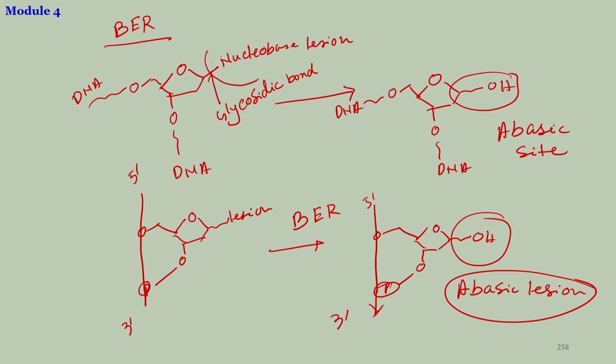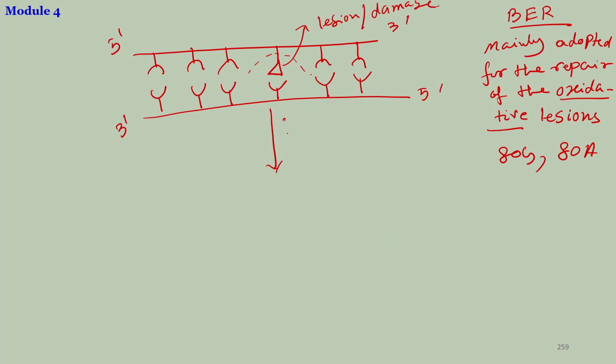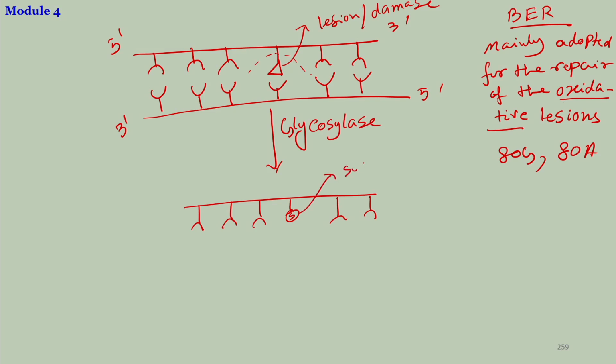Therefore, the enzyme is called a glycosylase. Glycosylase is the enzyme that cleaves the nucleobase out, or that cleaves the glycosidic bond, and you are left with the sugar. So, this is your sugar and abasic.